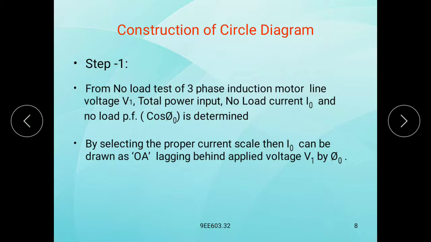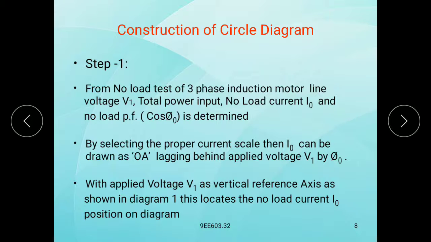By selecting a proper current scale, I naught can be drawn as OA, lagging behind the applied voltage V1 by phi naught, with the applied voltage V1 as the vertical reference axis as shown in the diagram. This locates the no load current I naught position on the diagram.